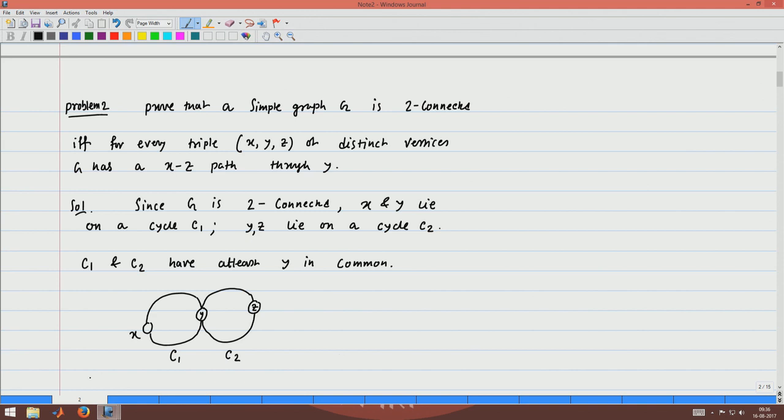Then we can say that there is an xz path passing through y, and we can see that path. So, this is one possible xz path, x to y and then y to z, that is passing through y.